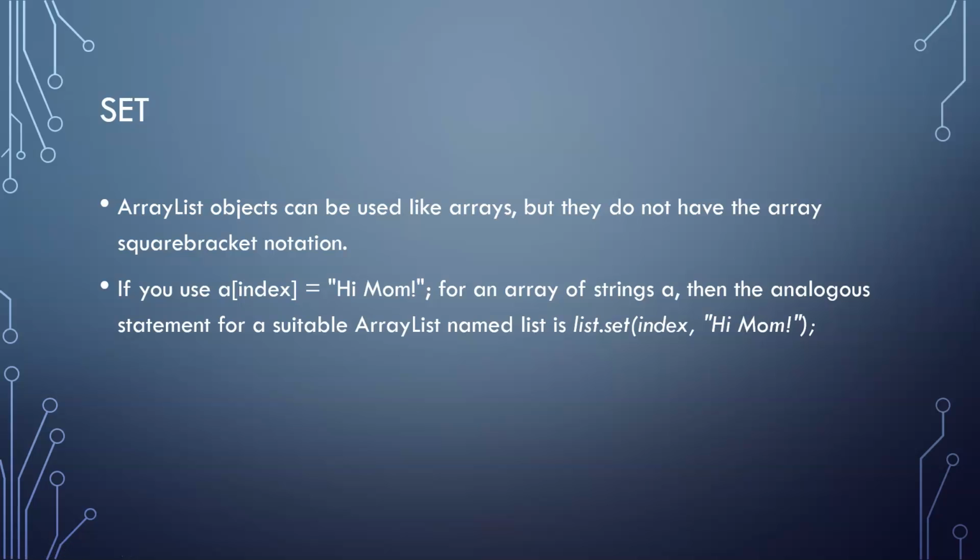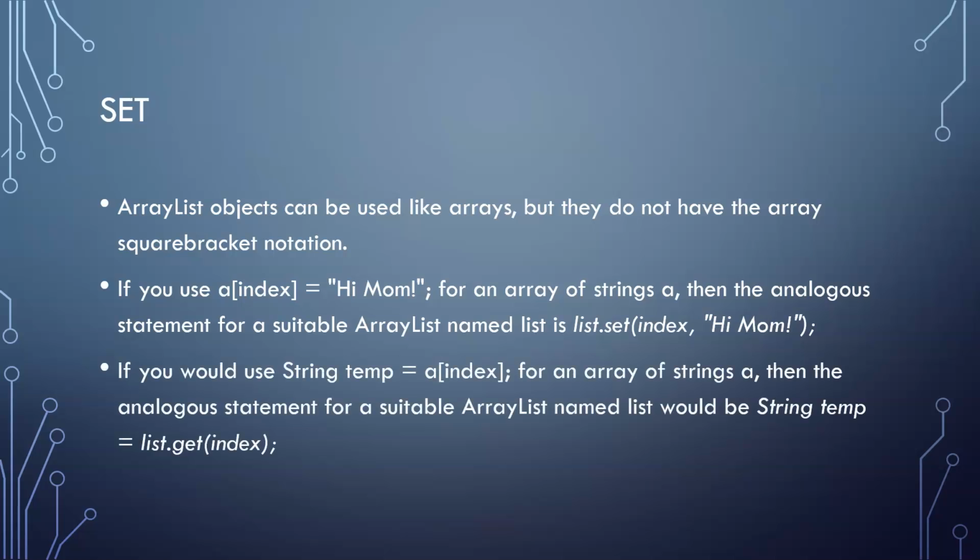So we have to use a set method, like we've done with other classes that have accessor and mutator methods. Now, if we wanted to have String temp = a[index] for an array of strings a, then the equivalent statement for a suitable ArrayList would be String temp = list.get(index). So a little bit of transition here of how to use an ArrayList.